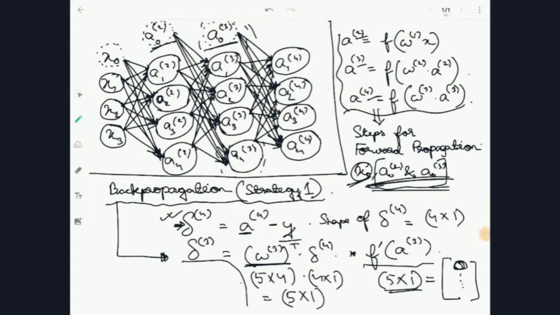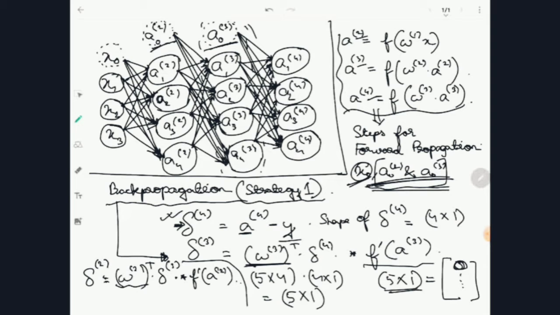Computing del 2. Del 2 will be equal to W2 transpose del 3, multiplied with f dash A2. Now what is the dimension of W2?